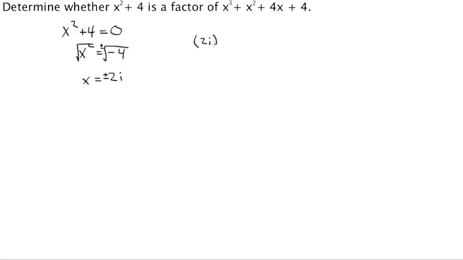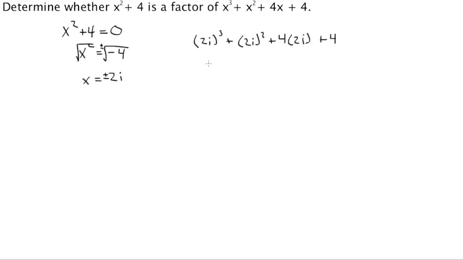So I have 2i cubed plus 2i squared plus 4 times 2i. Let's clean that up. All right, 2i cubed. When we're working with an imaginary number like this, since we're multiplying these two, we can just treat them separately.